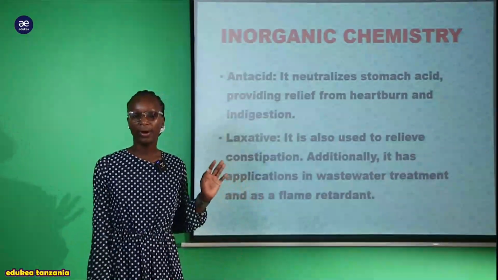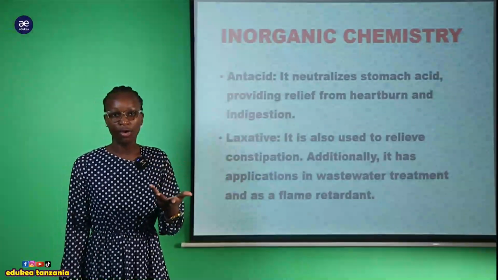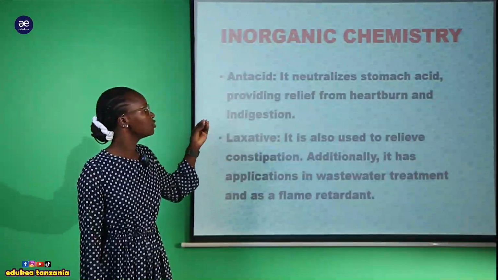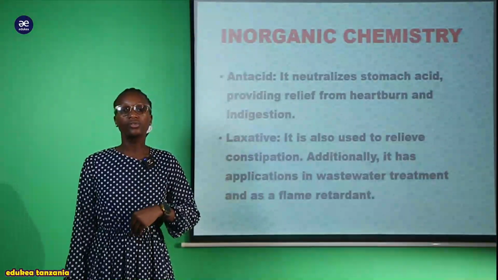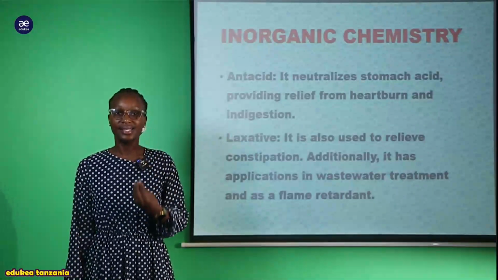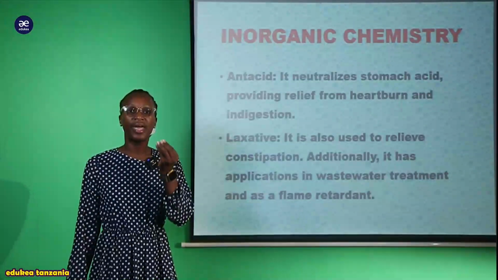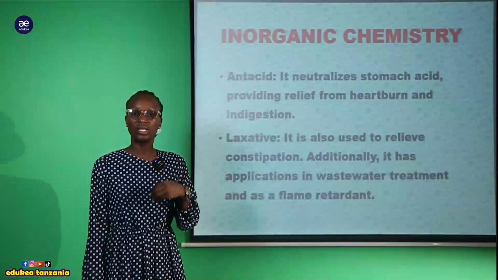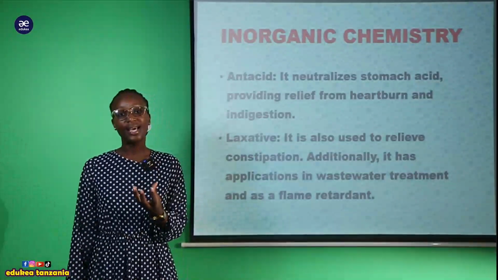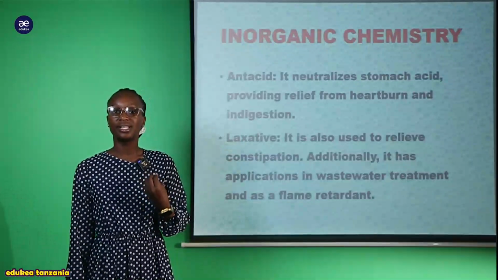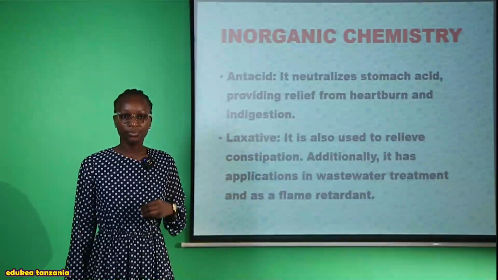Hii ni siri iliyopo katika magnesium hydroxide. Mfano tunapozungumzia antacid, mfano it neutralizes the stomach acid, wale watu ambao wana ulcers, vidonda vya tumbo, ile inatokana na releasing of the excess hydrochloric acid within the stomach. Sasa ile HCl ikishazalishwa sana kwenye stomach inapelekea mtu sasa anapatwa na yale matatizo ya vidonda vya tumbo.